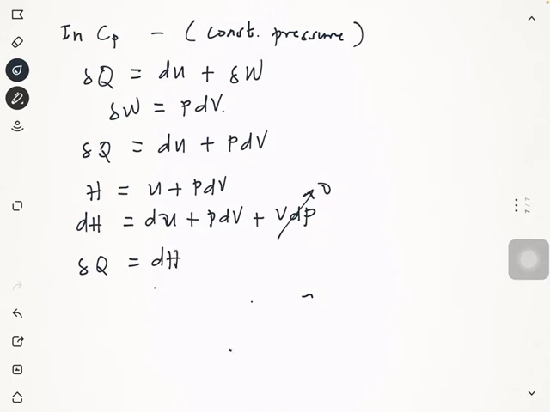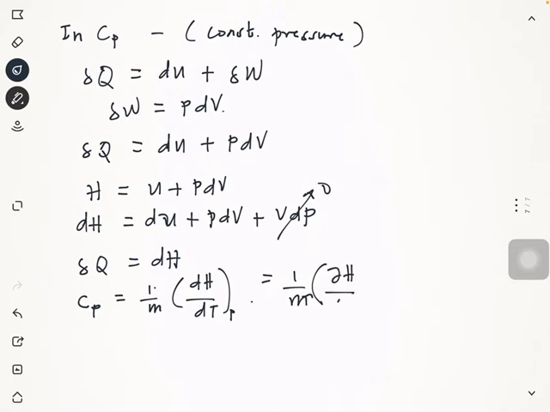So our Cp, therefore, is 1 over m times dH over dT, considering a constant pressure, or this is 1 over m times the partial of H with respect to T, considering this is per unit mass.